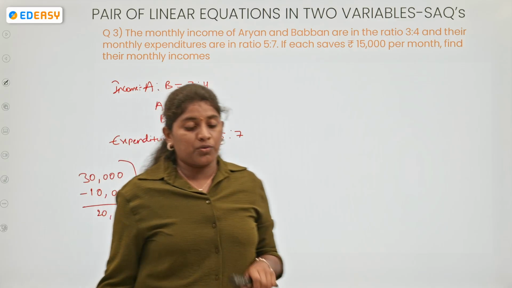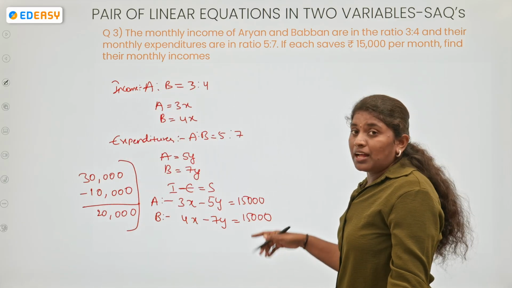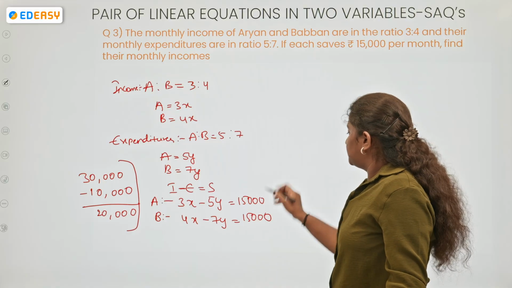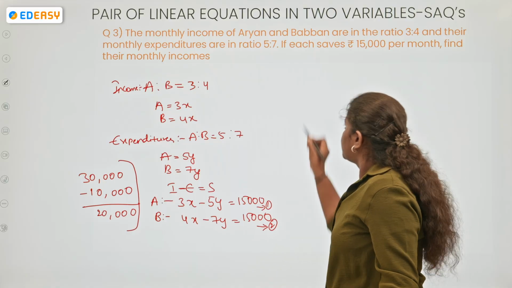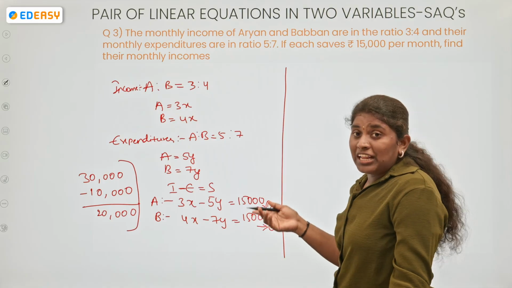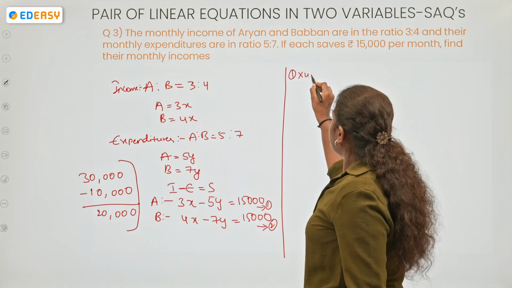Clear? Now let's simplify them. Let's do the elimination method. This is my equation 1 and this is my equation 2. Now, I want to eliminate the x variable. So equation 1 is multiplied by 4.